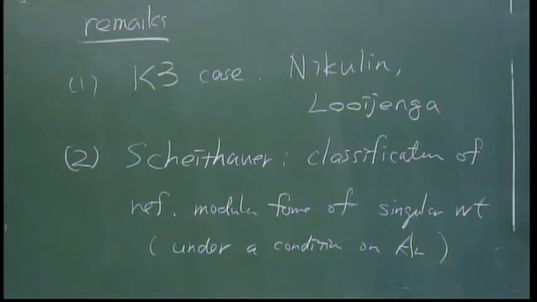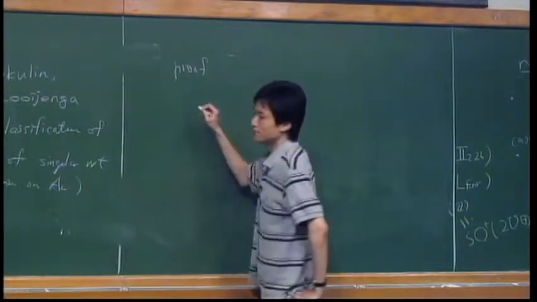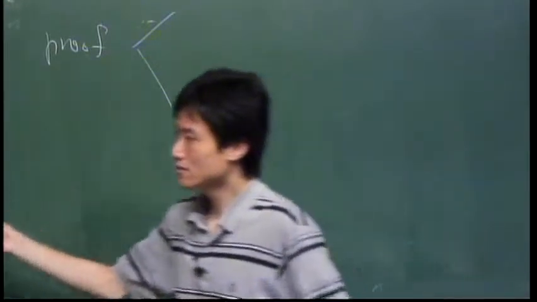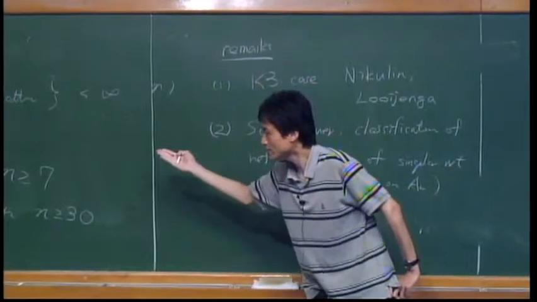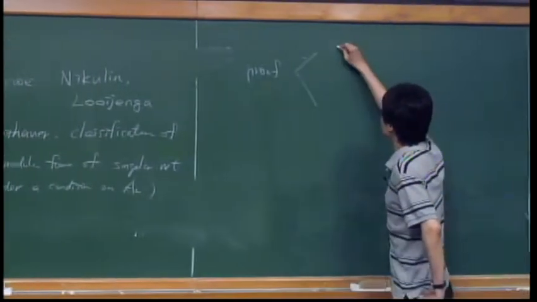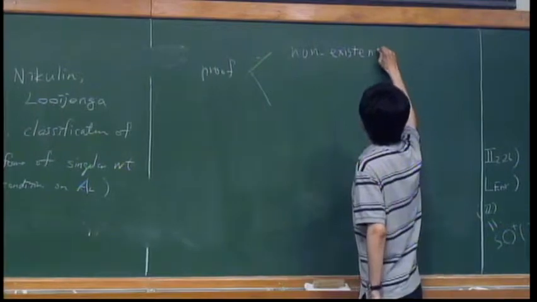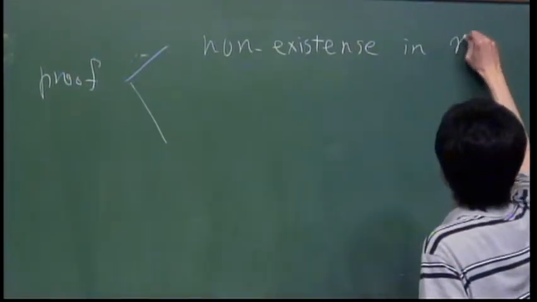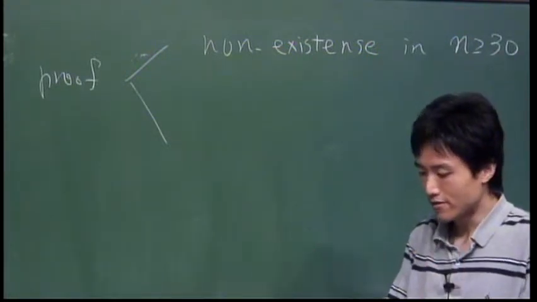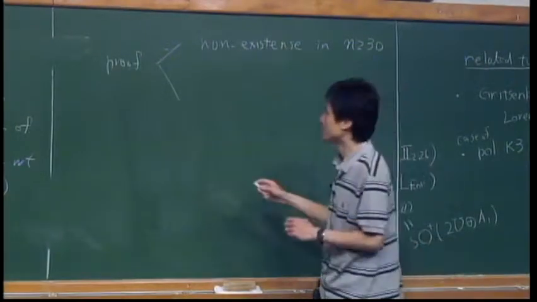So I will talk about the proof in the rest of the time. The proof consists of two steps. First, I prove that there is no existence in higher dimension, so the range of n is limited, and then I prove the finiteness for each fixed n.